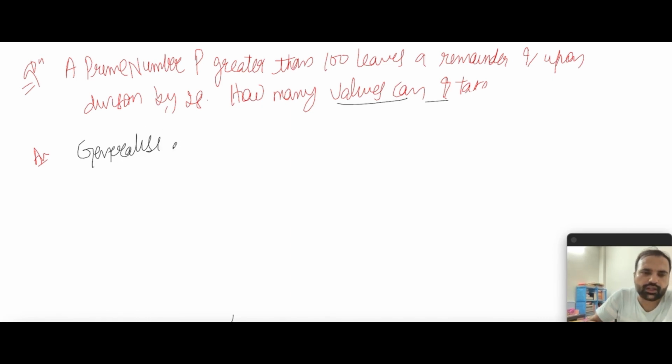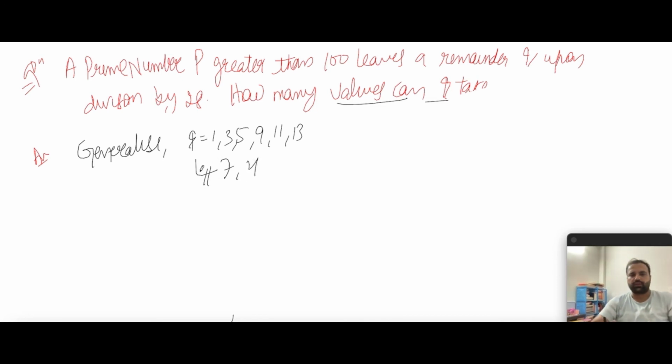If we try to generalize it, what would it mean? What we have seen over here is that q can take 1, 3, 5, 9, 11, 13, but q has not taken 7 or 21.